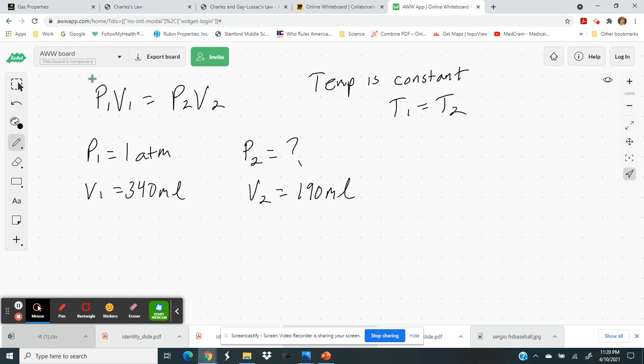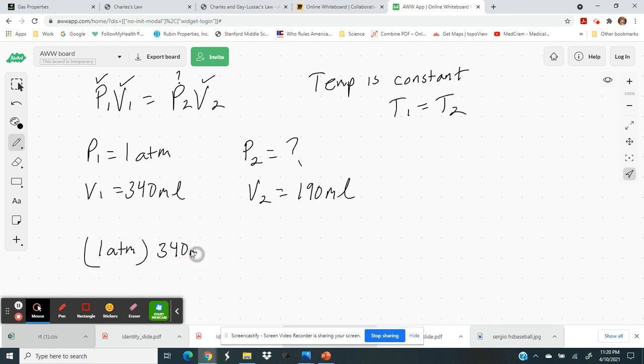So we have a P1, a V1, a V2, and we're looking for P2. If you have all the variables but one, you can solve for it, and that's what we're going to do. We plug in: P1 is 1 atmosphere, V1 is 340 milliliters.